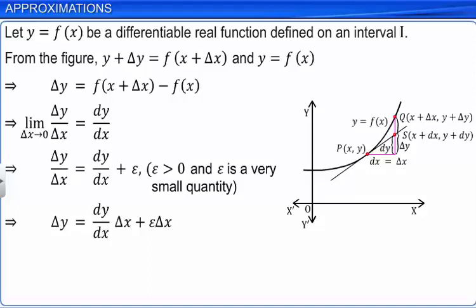Since the values of epsilon and delta x are very small, the product of these two quantities is negligible. Hence, the approximate value of delta y is dy upon dx into delta x.